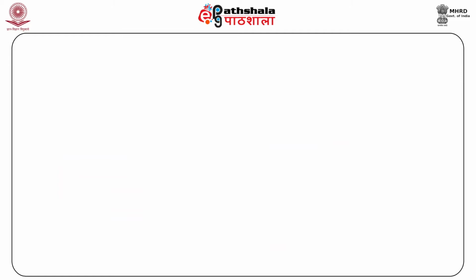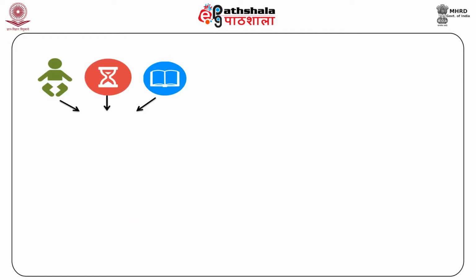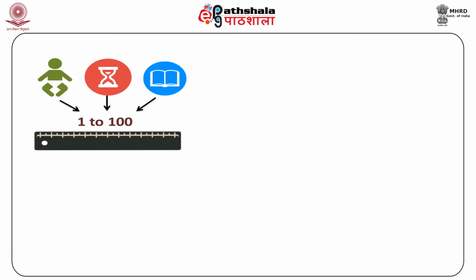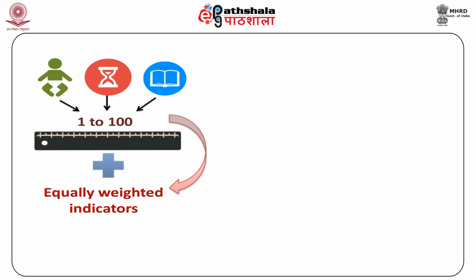Morris D. Morris combined the three indicators, viz., infant mortality, life expectancy calculated at the age of 1 year, and basic literacy in a simple or unweighted average. Each indicator is placed on a fixed 1 to 100 scale. The three indicators having been placed on a common scale, the index is found by the summation of the equally weighted indicators. The PQLI is thus a composite of these three basic statistics.